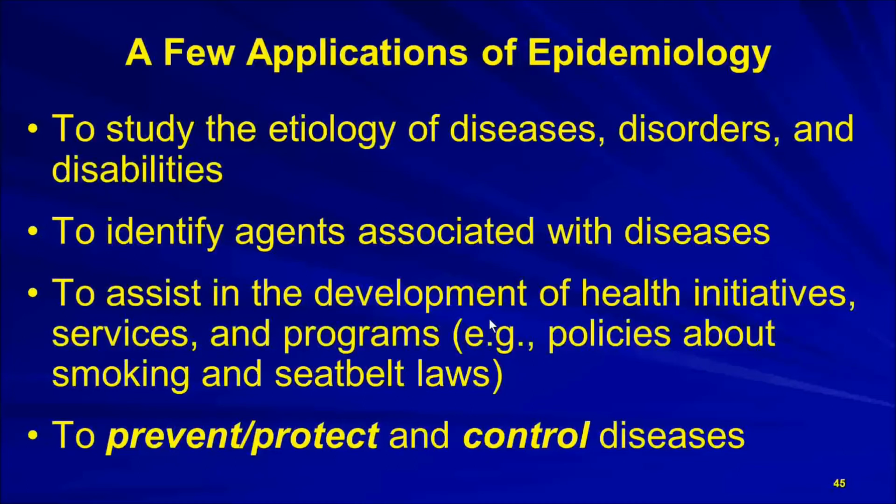Then also what we're trying to do, once we can identify, like the map I just showed you, various areas of the country where we have more heart disease amongst blacks, we would focus on that part of the country because we know we don't have enough money and resources to focus on all parts of the country.